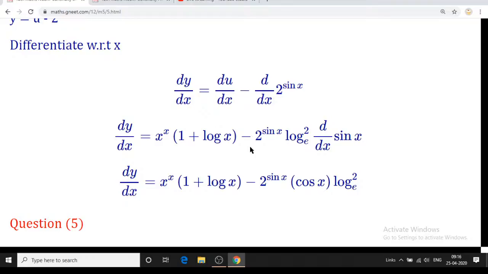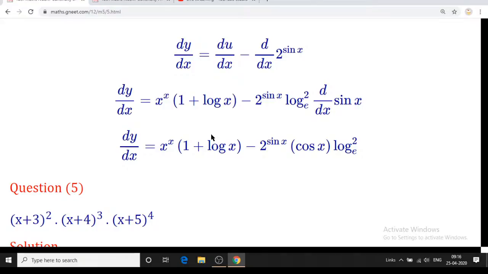Minus now, the derivative of a raised to x is a raised to x log a, and then the derivative of the bracket. So it will be 2 raised to sin x log 2 to the base e, d by dx of sin x, and the derivative of sin x is cos x. So we get the ultimate answer as x raised to x times 1 plus log x minus 2 raised to sin x cos x log 2 to the base e. Here don't forget that there is a log 2. A raised to x is a raised to x log a, and then the derivative of this bracket.